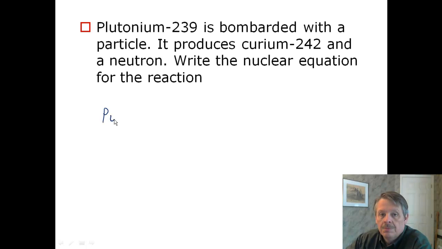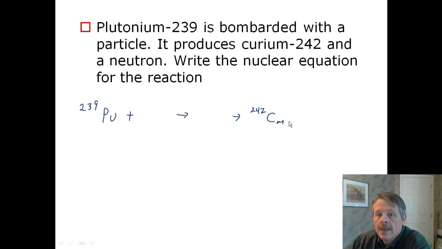Why don't you pause the video, see if you can figure this one out. Plutonium. Its mass is 239, and it's bombarded with a particle. Interesting. Don't know what it is. All right. So this is going to produce curium, and curium is Cm, and it weighs 242, and a neutron.